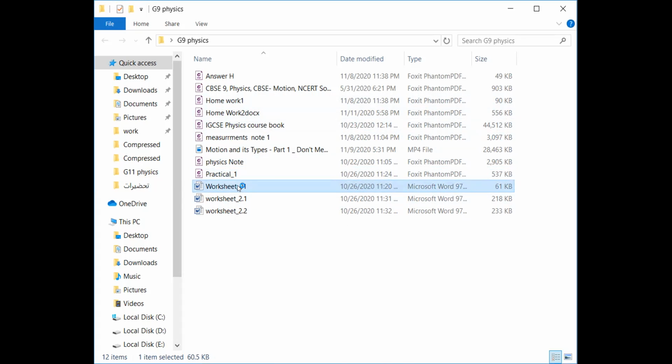Okay, we can go now for the book, no problem. Again, this is the unit of measurement. Okay, still.